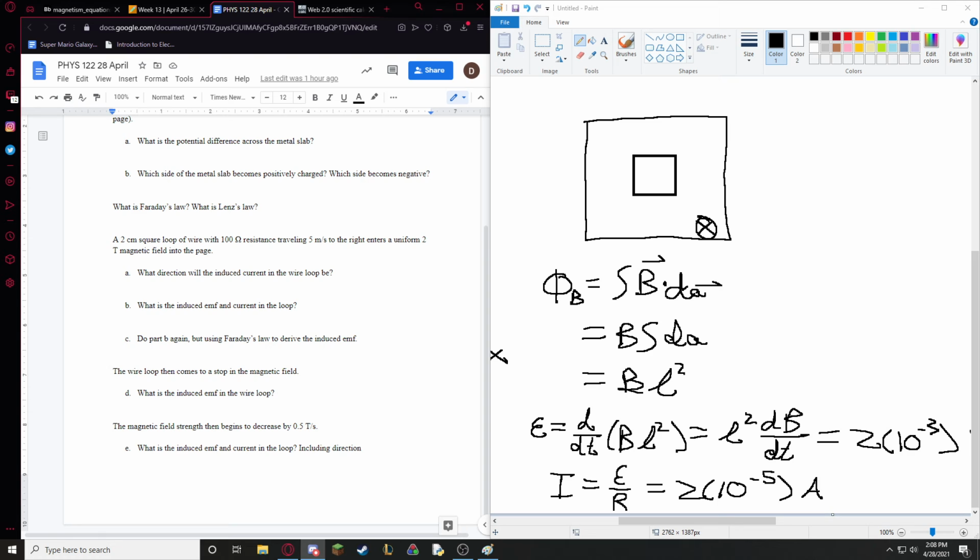Counterclockwise. Why is that? I'm just going to be looking at one side of the loop. So for the right side, my fingers would curl... Shoot.